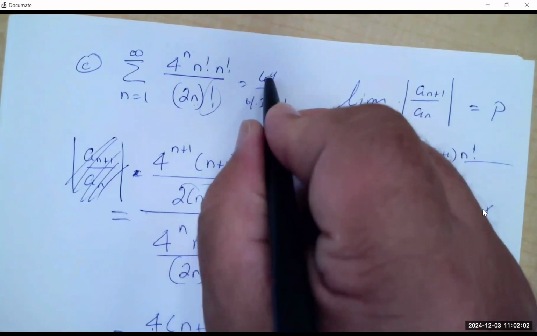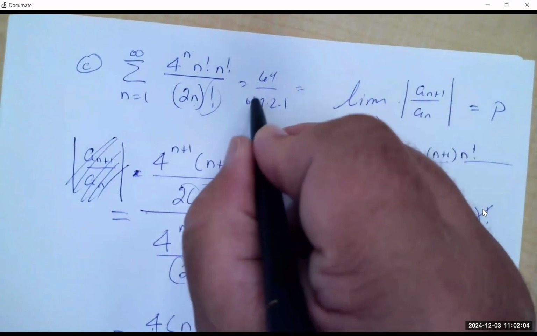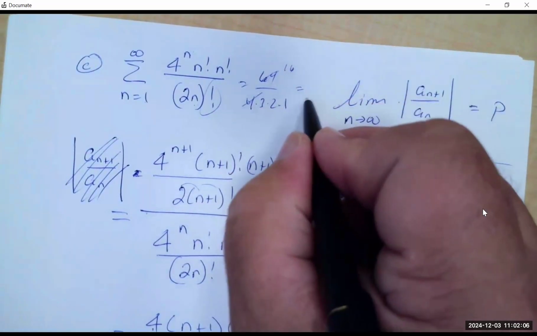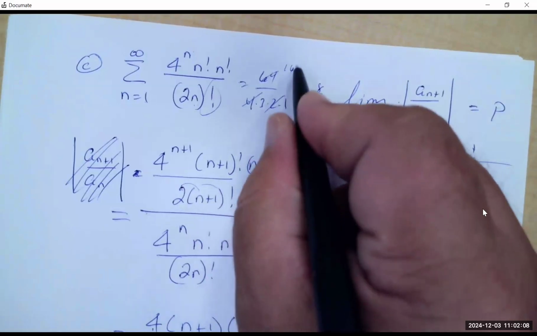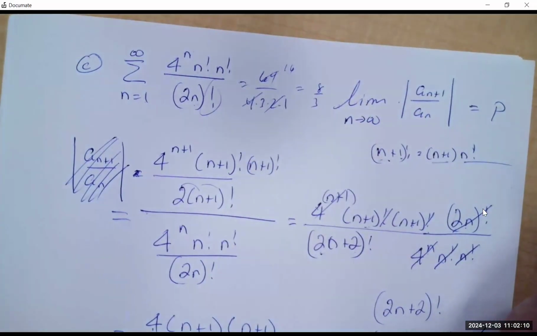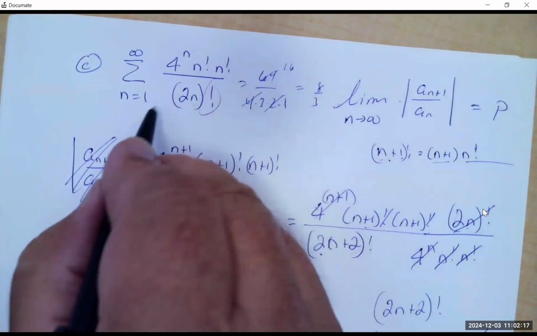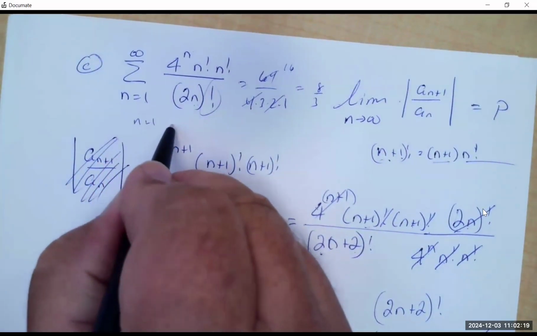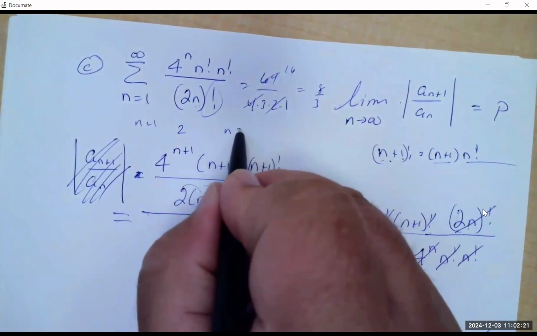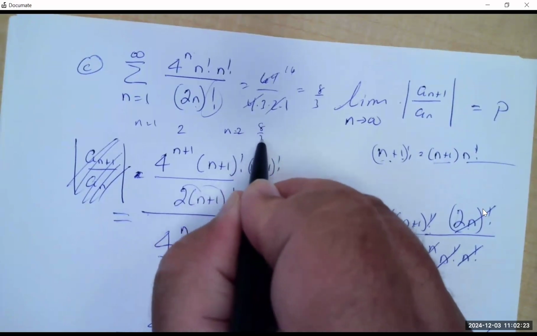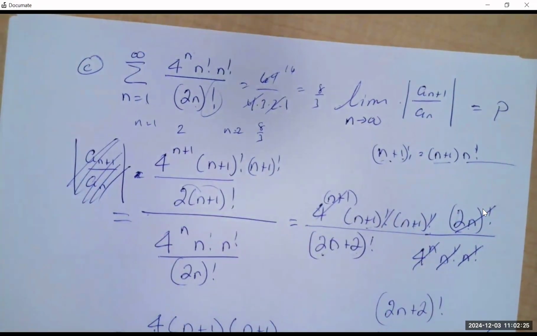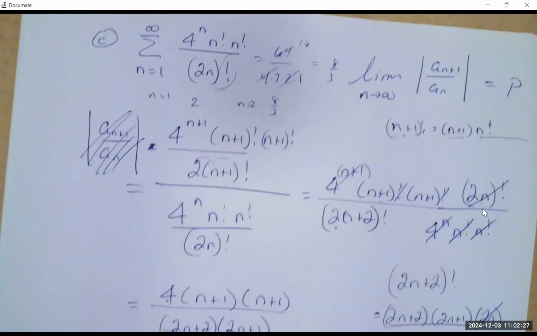So 4 goes into 64 16 times. So we have 8 over 3. Is 8 over 3 bigger than or less than 2? Bigger than. Because when n equals 1, we had 2. When n equals 2, we had 8 over 3, which is bigger. So it's getting bigger each time. So that's why it diverges.